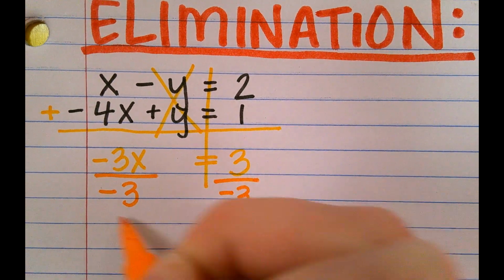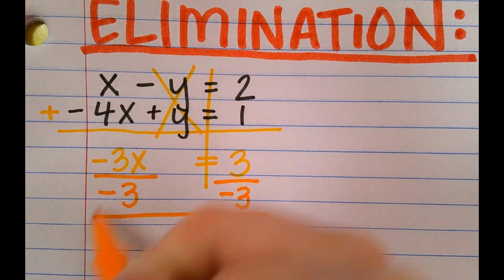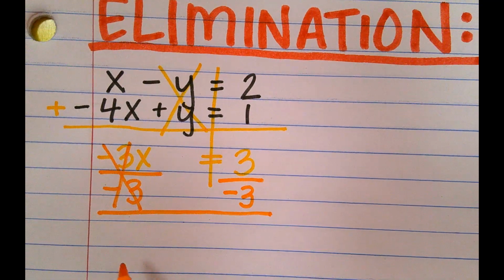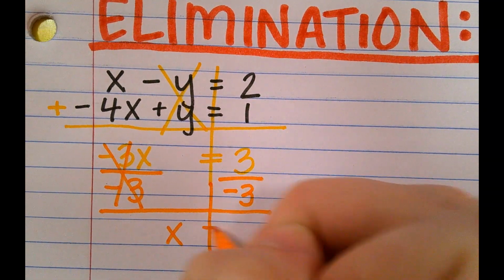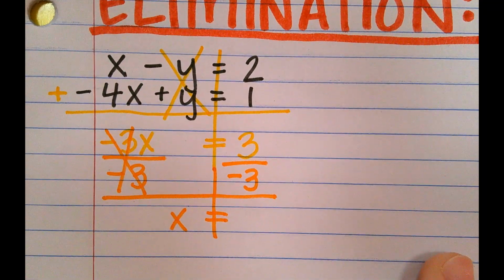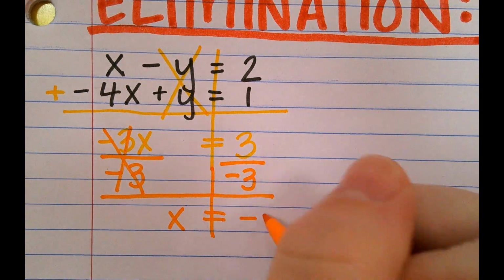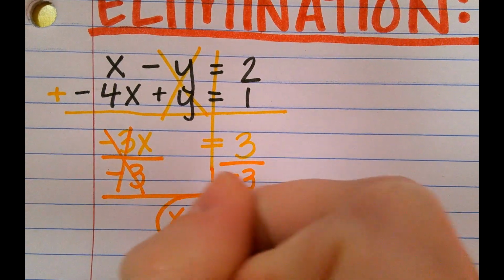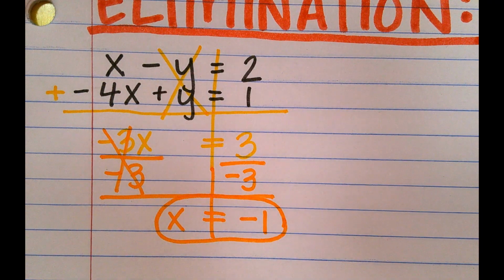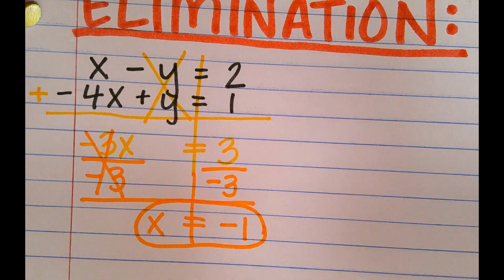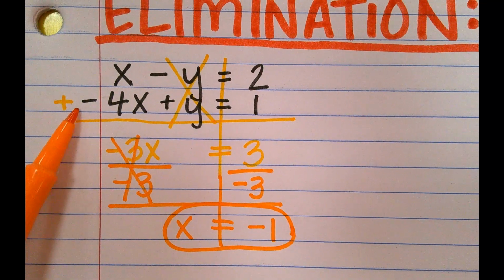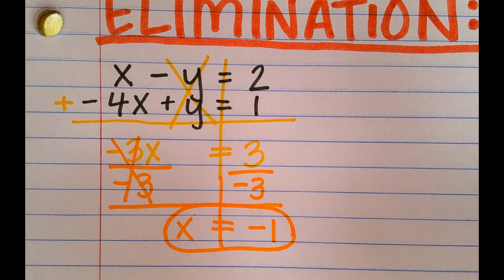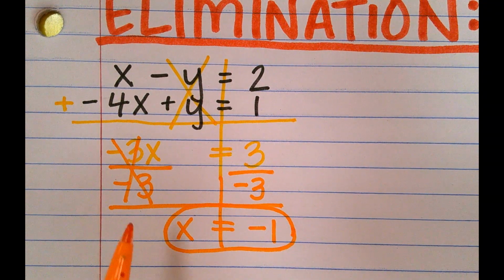I'm going to do that on both sides. That cancels. I'll bring down my x equals negative 1. We just solved for x. That wasn't so bad. We just added the equations together. We eliminated our y. We solved for x.